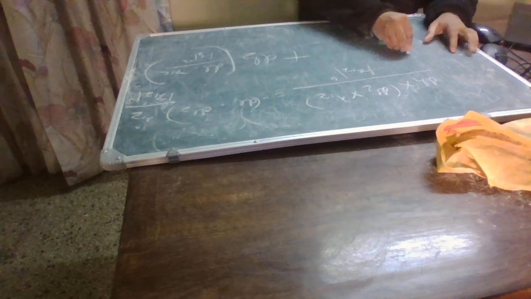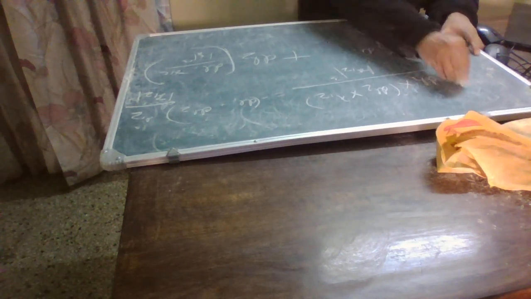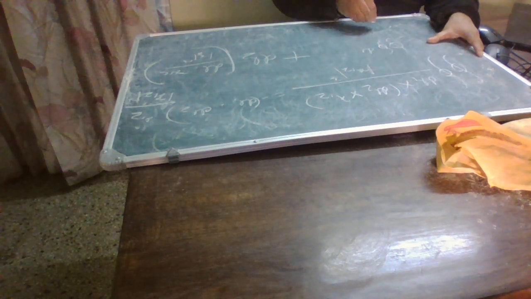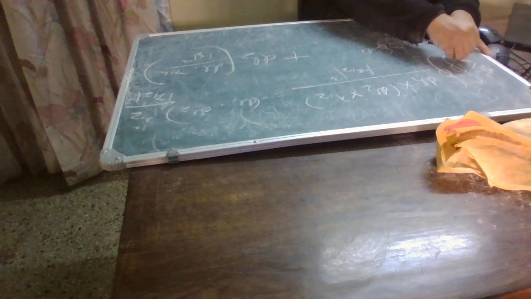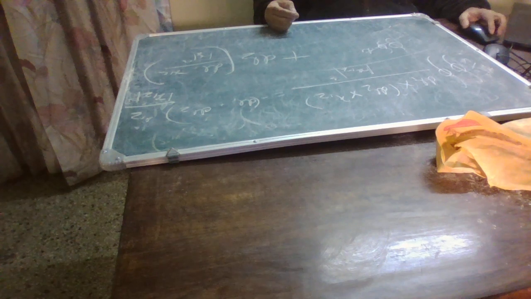Which integral am I talking about? The closed double integral that I have just talked about, with the mu naught upon 4 pi placed, and this is basically the force on 1 due to 2.